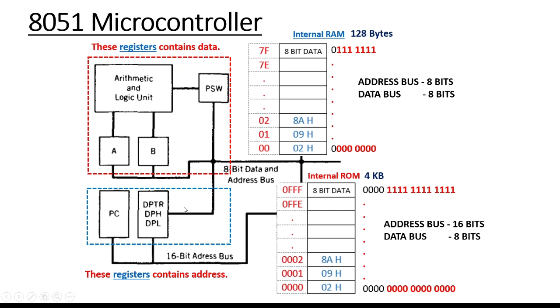Using the program counter and DPTR, the 16-bit address is provided to the internal RAM and ROM, and at every memory location there is 8 bits of data, and that 8-bit data is placed on the data bus and given to A and B, and eventually it is processed by the ALU.